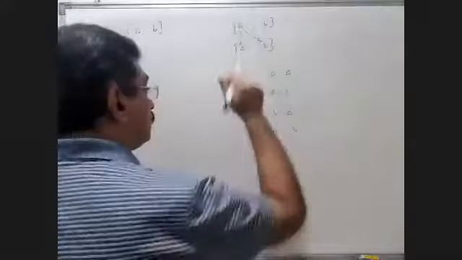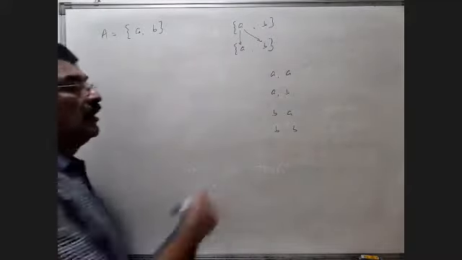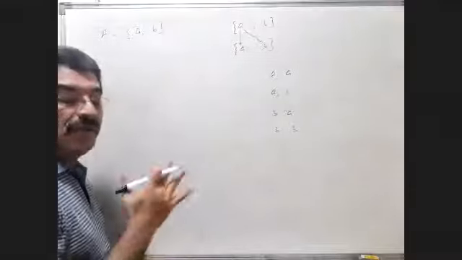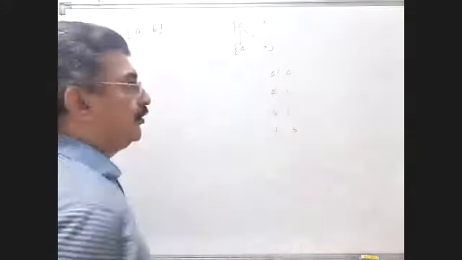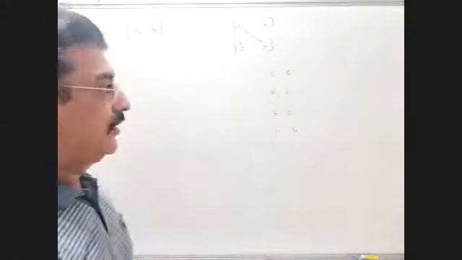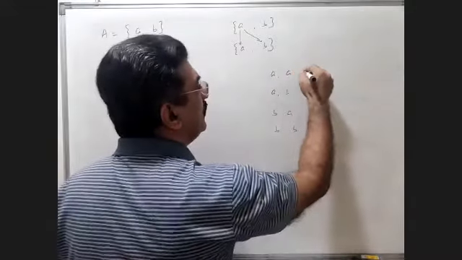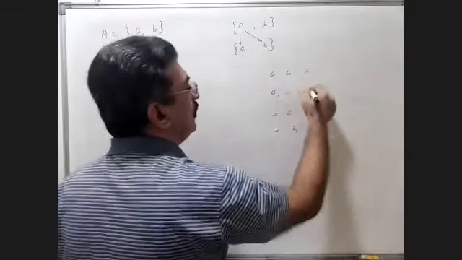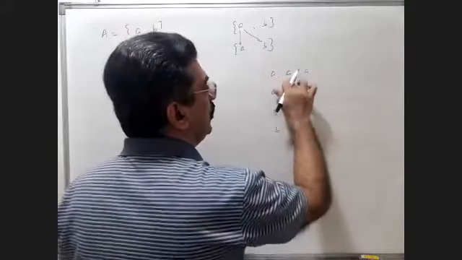Now, after writing A cross A, the best way to write A cross A cross A is, for a triplet, to add the third element. Write the first element a, again with the same thing.